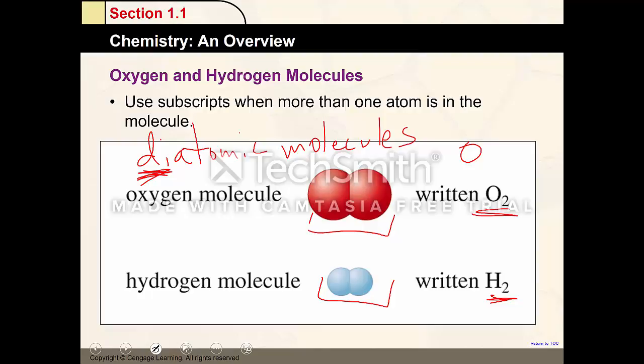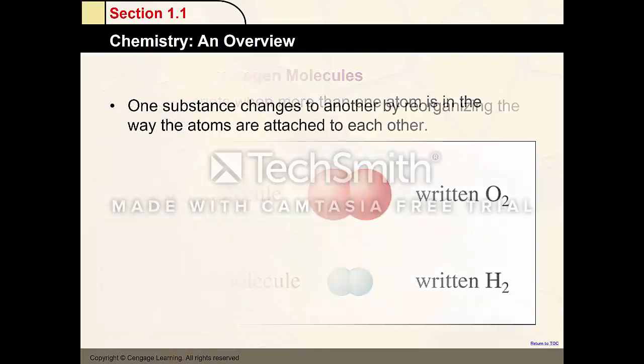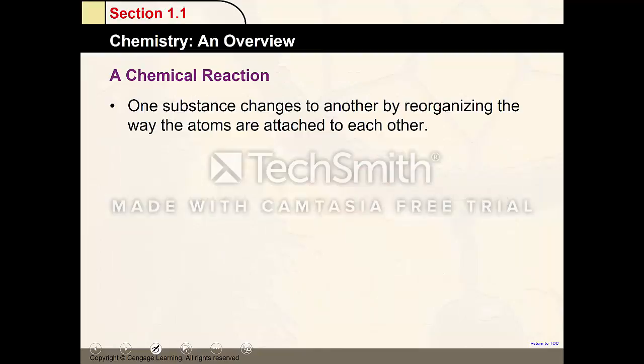Those are individual molecules and atoms, and when they interact with each other they can form a chemical reaction. One way to think about a chemical reaction is just a reorganization of how atoms are attached to each other.